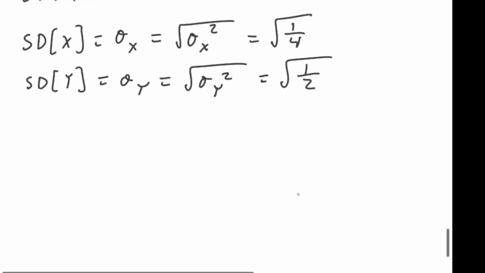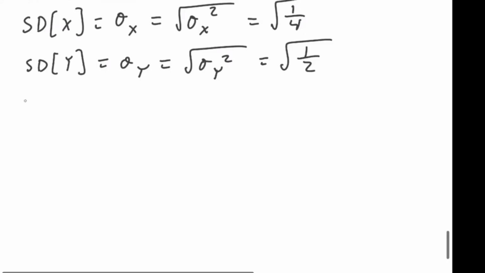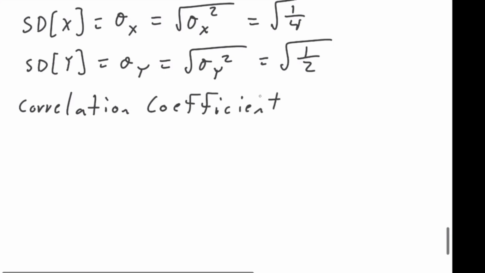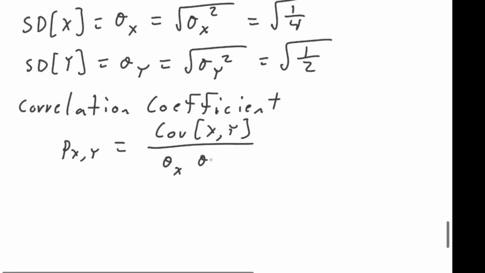Now, lastly, the correlation coefficient. The correlation coefficient rho of x and y is equal to the covariance of x and y over the standard deviation of x times the standard deviation of y.